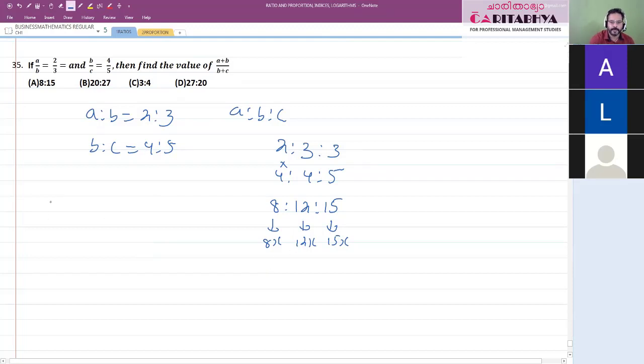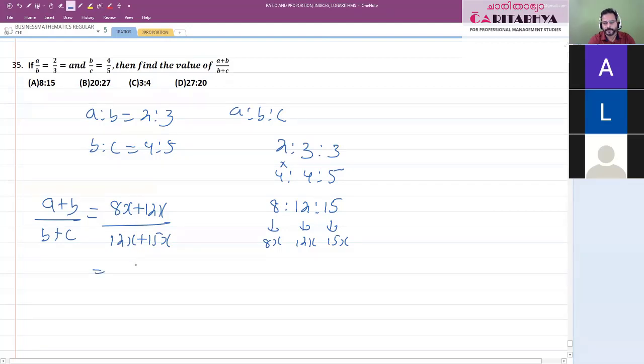So A plus B divided by B plus C. 8x plus 12x divided by 12x plus 15x. 8x plus 12x is equal to 20x.